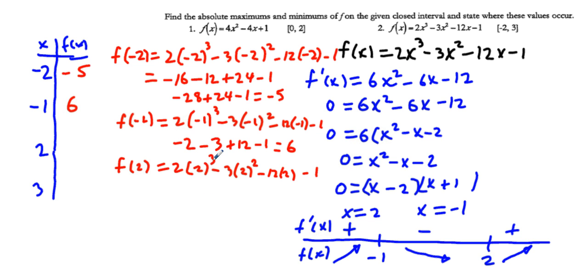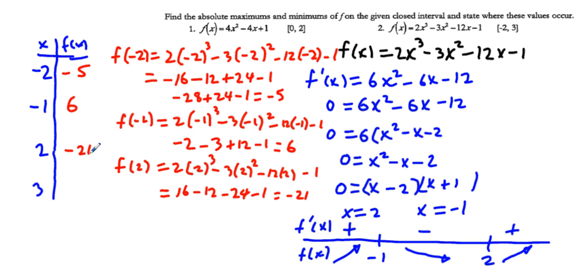So 2 cubed times 2 is 16, minus 3 times 4, so minus 12, minus 24, minus 1. 16 minus 12 is 4, minus 24 is -20, minus 1 equals -21.